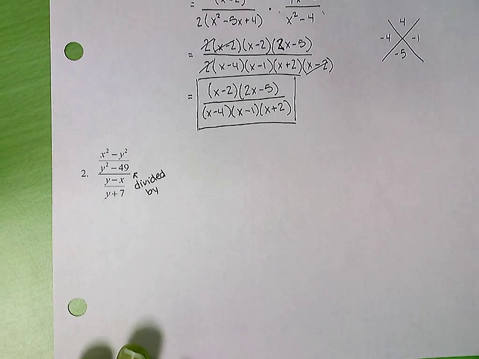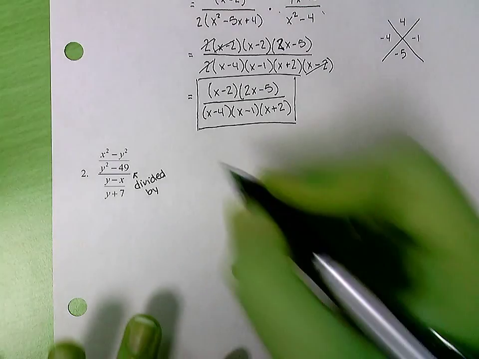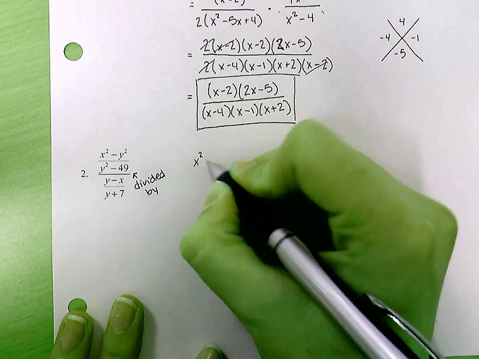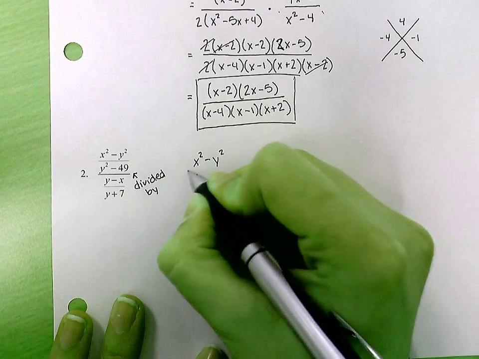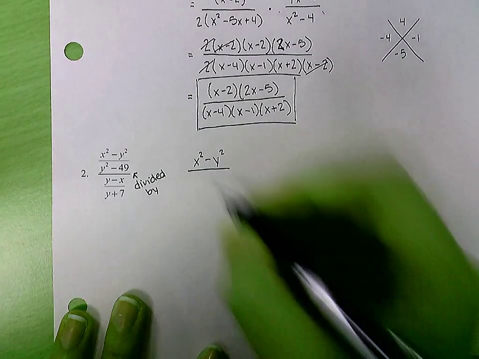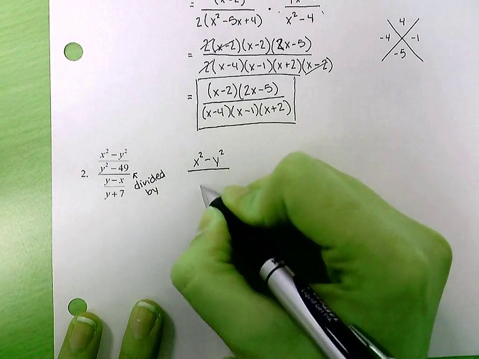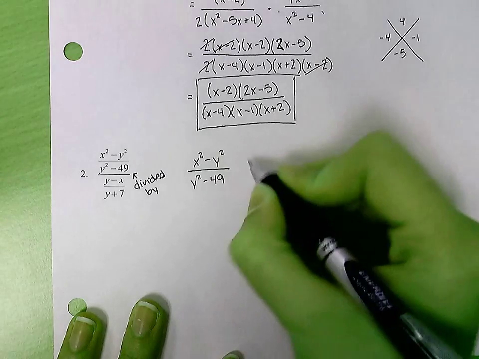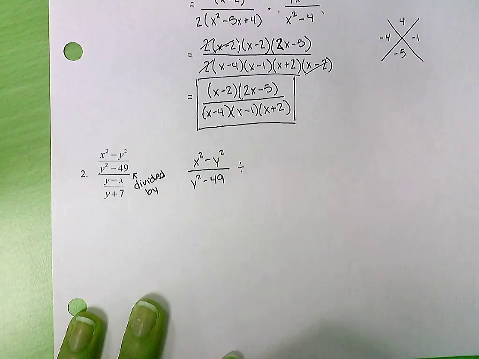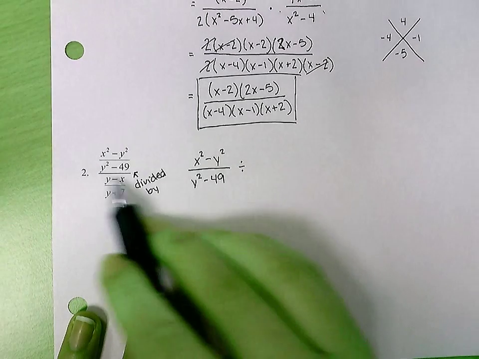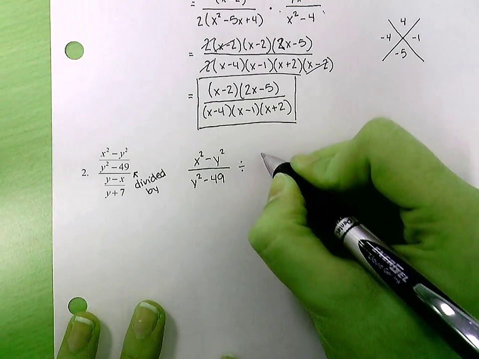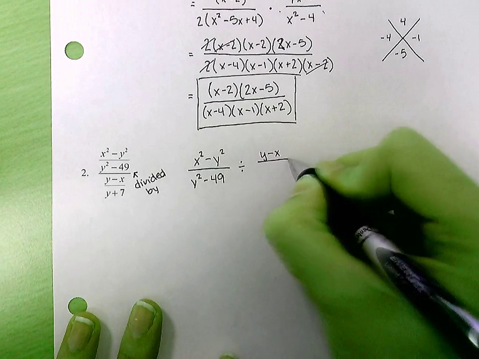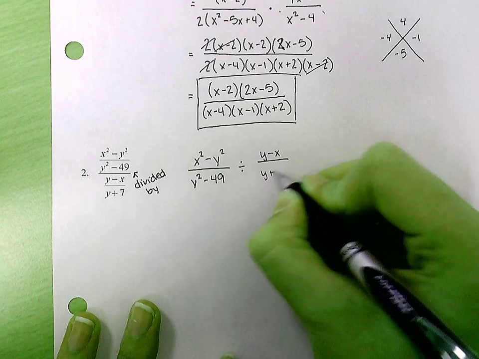So again, first step is to change this into a division expression. So we still have that first fraction in that numerator there: x squared minus y squared over y squared minus 49. That is divided by that denominator of y minus x over y plus 7.